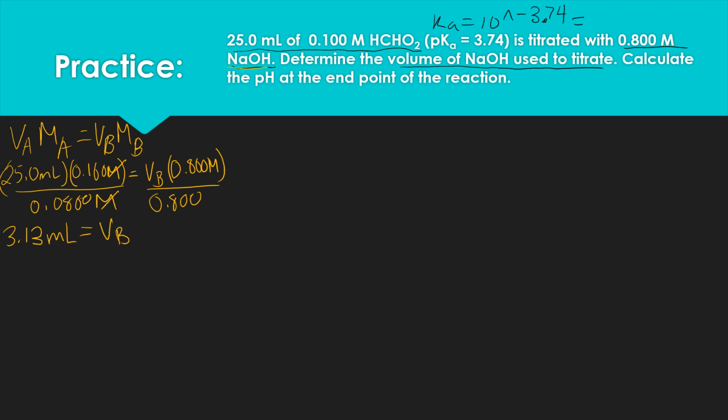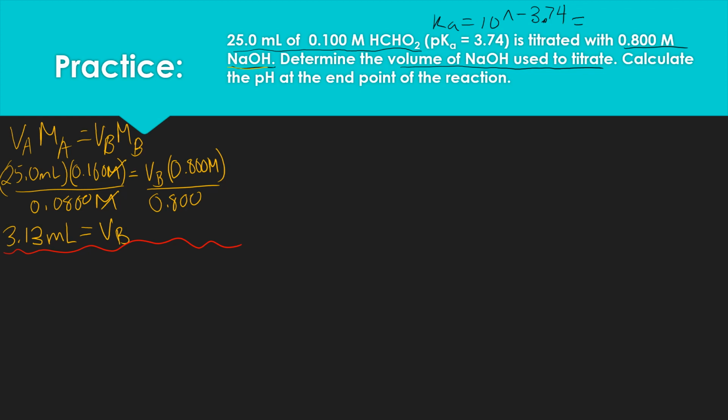So that's how much base it took to reach our equivalence point, where our moles are equal to each other. Now, another key thing that I like to calculate is how many moles of each chemical we had at that equivalence point, because that can come in handy for other calculations. If I want to find the moles of my acid or my base, they're going to be equal, so you can just pick one.